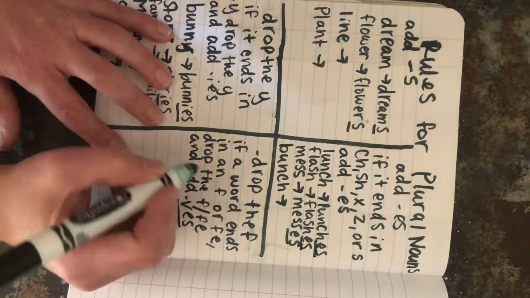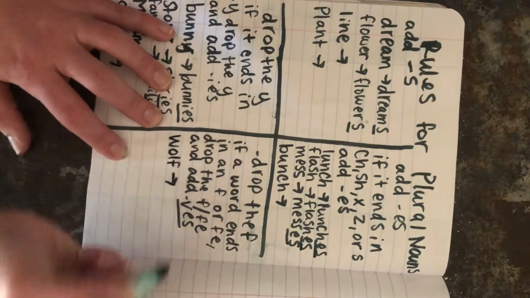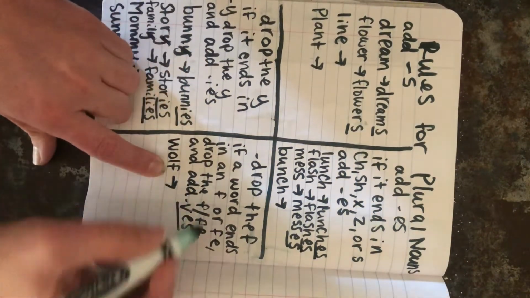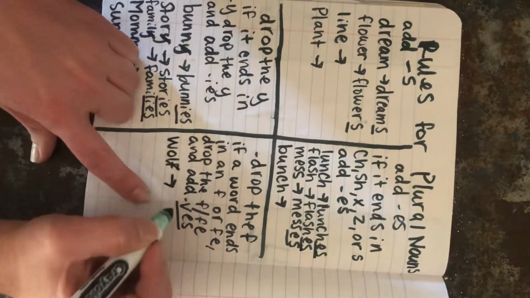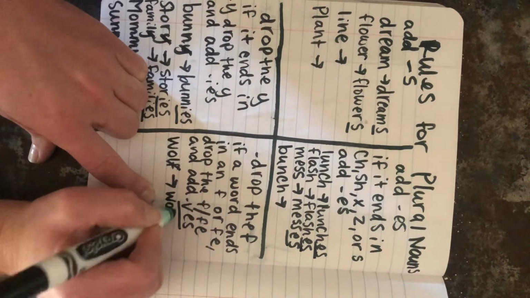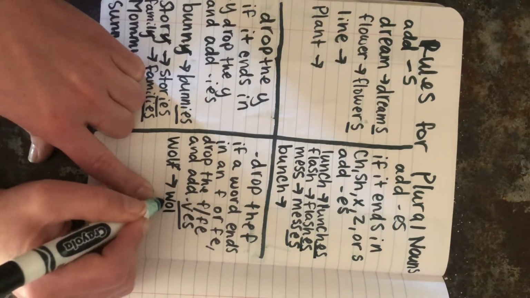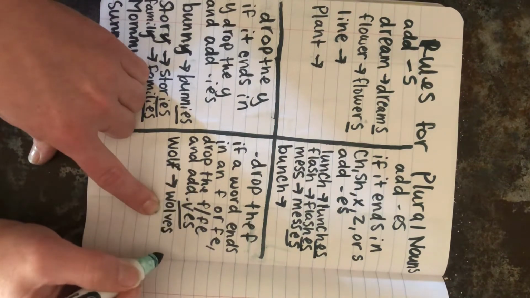All right, the first word we're going to practice with is wolf. In order to make wolf a plural, we wouldn't say wolfies, we would say wolves. You drop the F, you keep everything the same, W-O-L, but you add V-E-S, wolves.